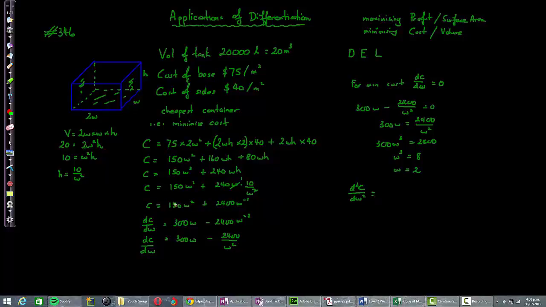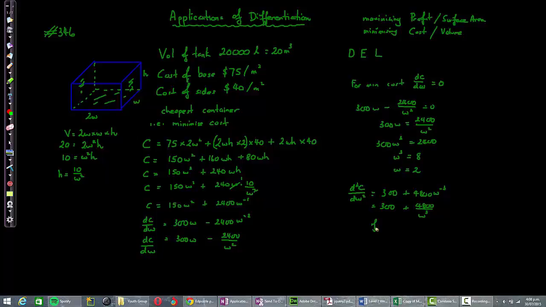Right, so let's take this, and here we go, derive again. So 300 plus 4,800 W to the power of -3. If you put that in this form, it might make it clearer that you're going to have a positive term here and another positive term here.